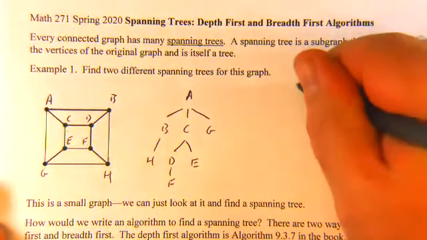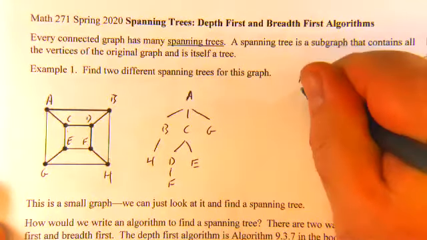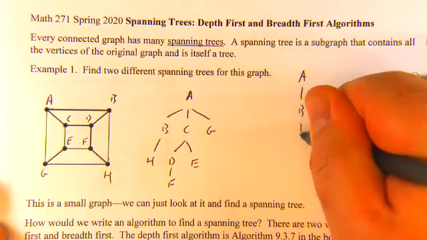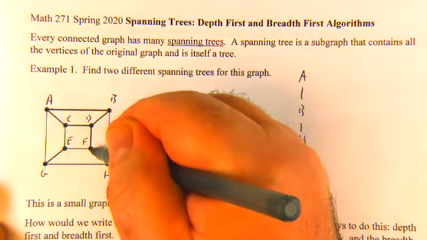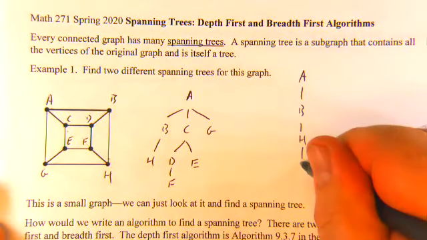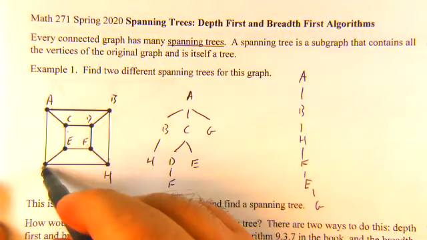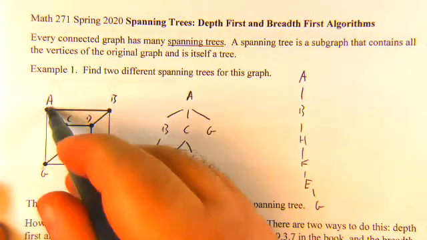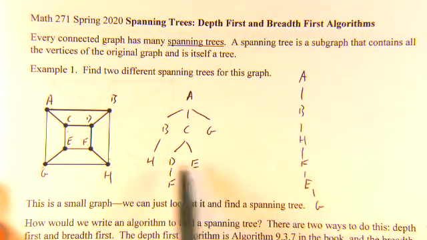Another spanning tree would be to start at A and work your way through the graph. A to B to H, so go A, B, H, and then F, E, G. Once I'm at G, I can't go back to A because that's already on my list. I can't go back to H because that's already on my list.